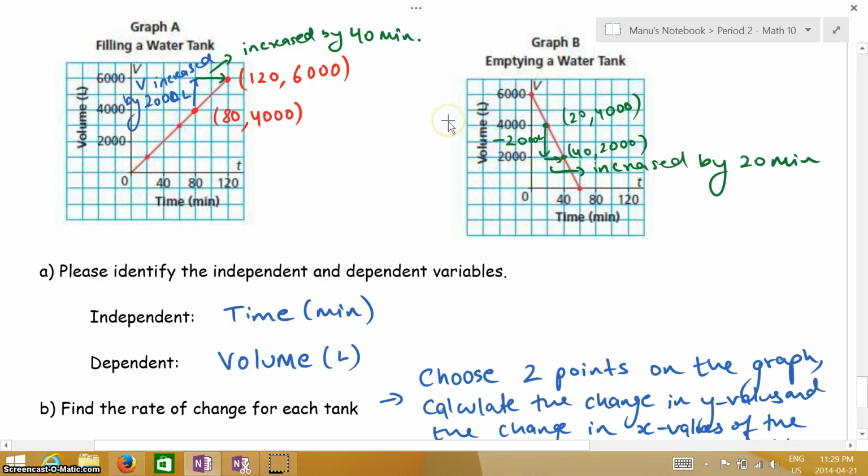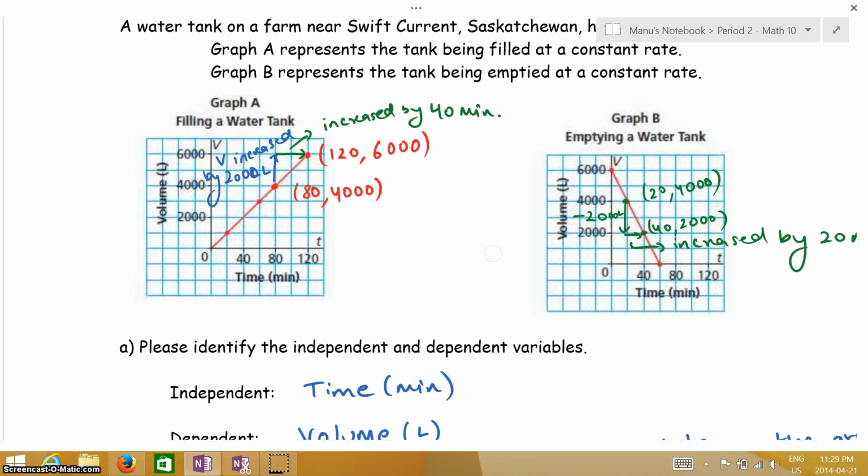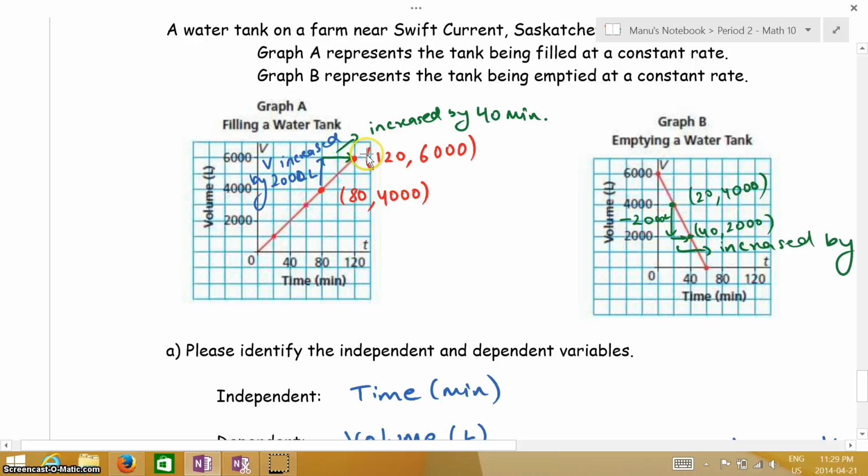On the first graph, we want to pick 2 points. The ones I picked are (120, 6,000) and (80, 4,000). If I take a look at the change in y values, you'll notice that the volume goes up by 2,000 liters, and the time is increased by 40 minutes. So the change in y values is 2,000 liters, and the change in x values is 40 minutes.